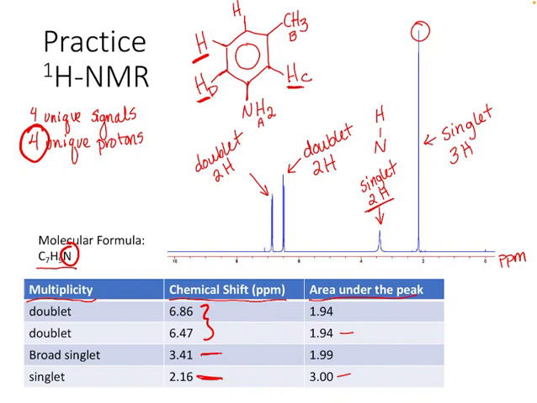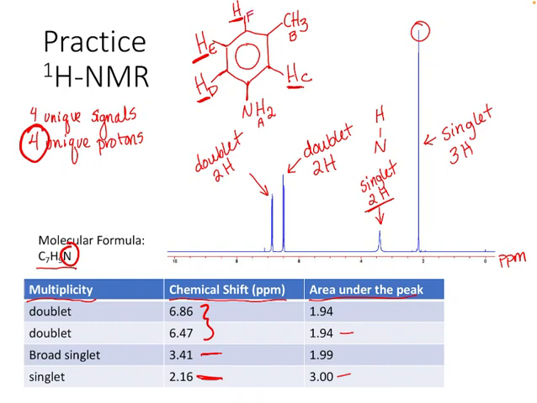It's unique. It has a different distance from the methyl group and the amine group compared to HD and HC. So we have HE. And then what about our last proton? Is that unique or is it the same as one of the other protons? It's also unique because it's also in a different chemical environment.